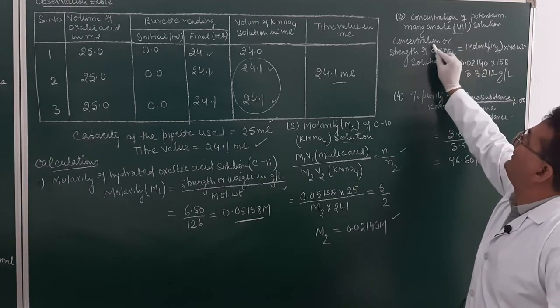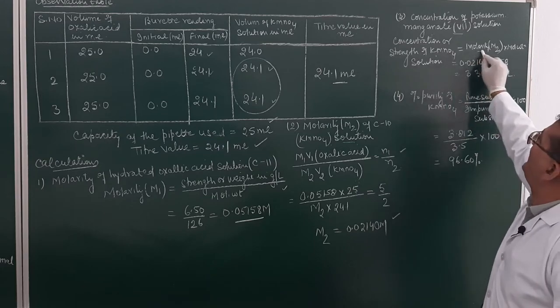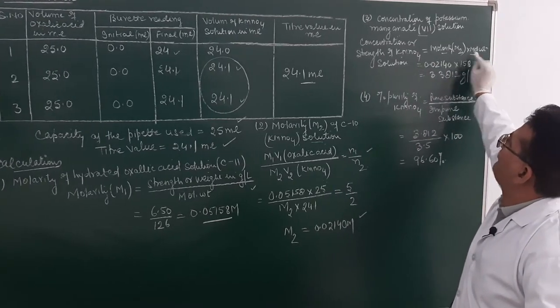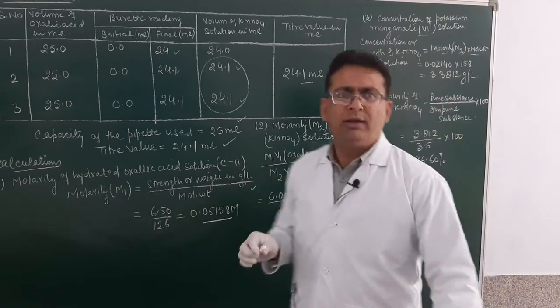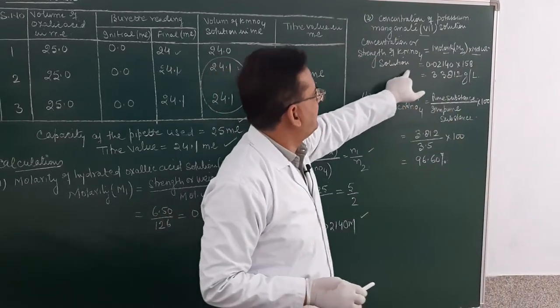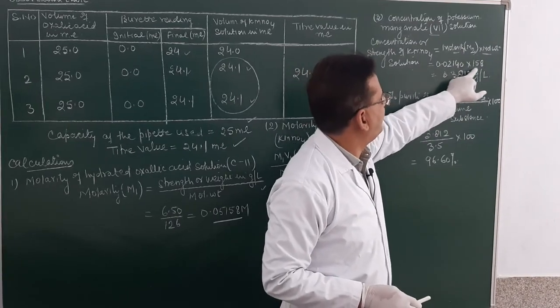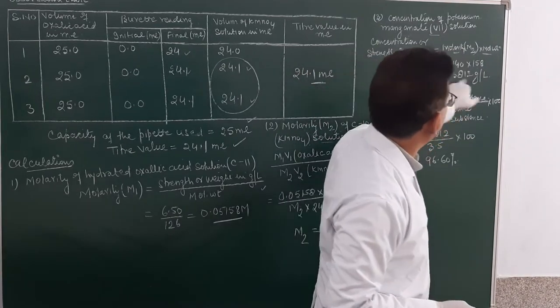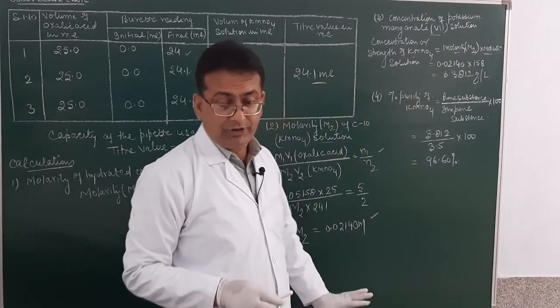This will be concentration or the strength of KMnO4 solution, which is molarity multiplied by molecular weight. Just see the question, what we have to find out? The concentration of a KMnO4 solution. So, this will be molarity multiplied by molecular weight. So, 0.02140 into 158, it will come out to be equal to 3.3812 gram per liter.